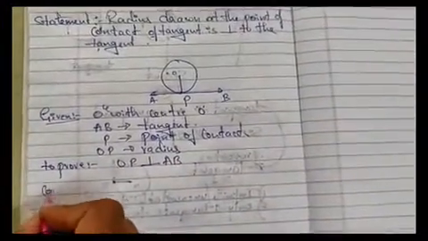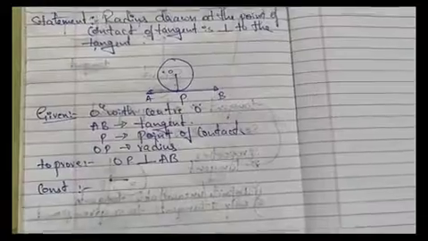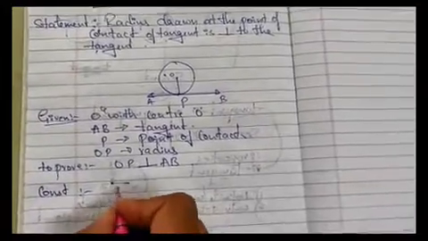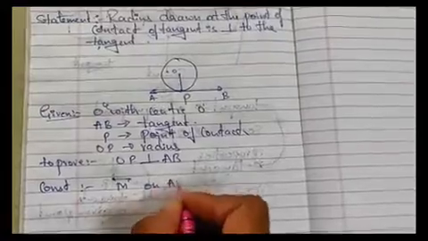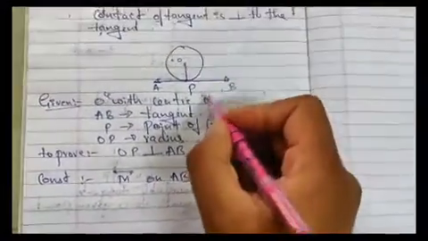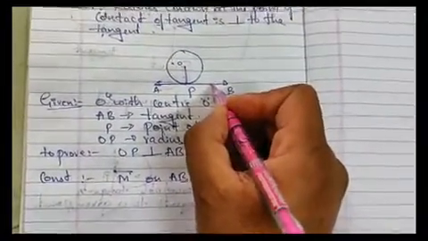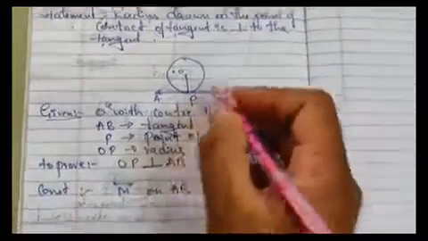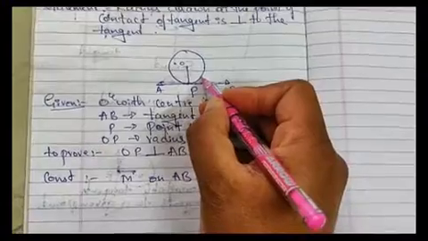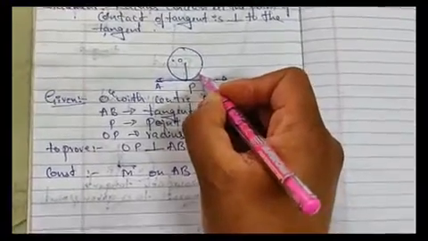For this, we will take a small construction. I will select a point M on AB. Do you think it will lie on the circle? What happens if it lies on the circle?